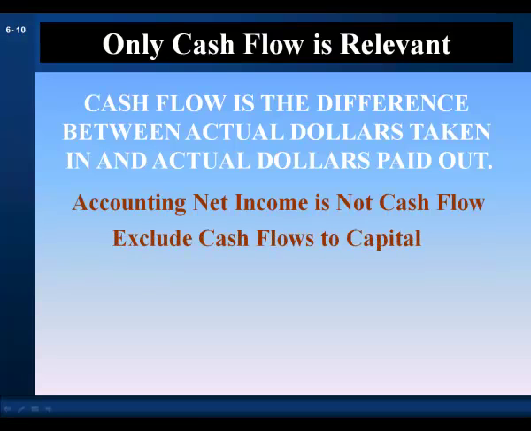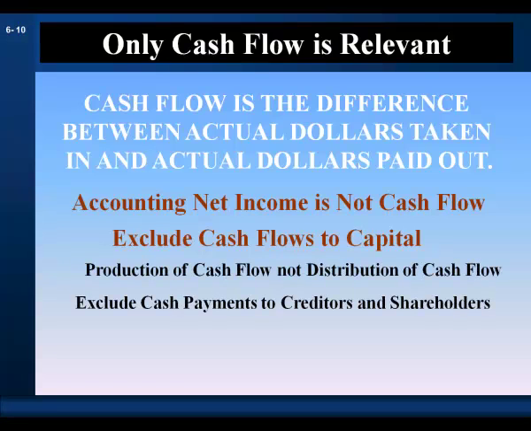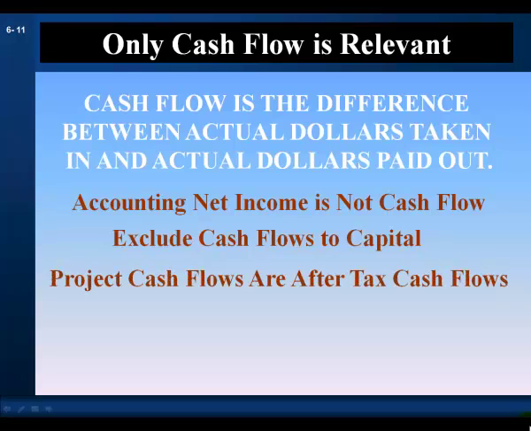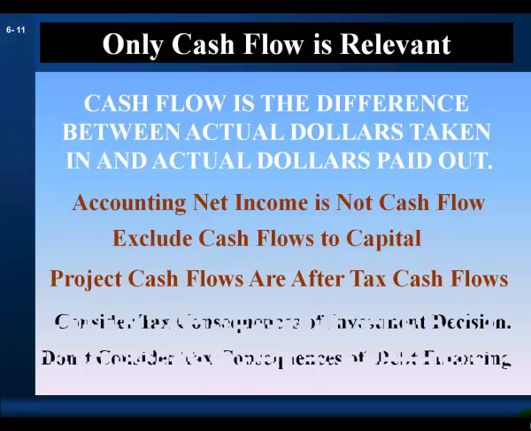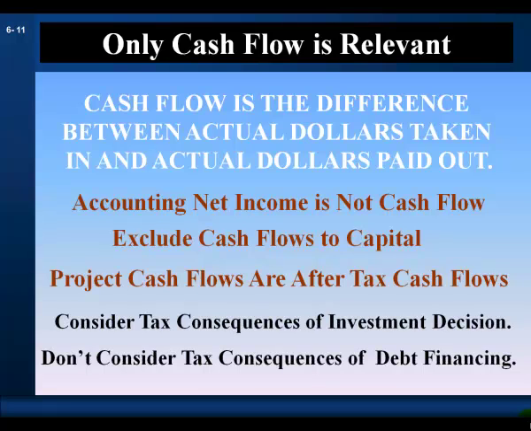We exclude cash flows to capital. Project cash flow is the production of cash flow, not the distribution of cash flow. So cash payments to creditors and shareholders are excluded, payment of interest in particular. Project cash flows are after-tax cash flows. Recall the separation principle. We separate the investment and financing decisions.